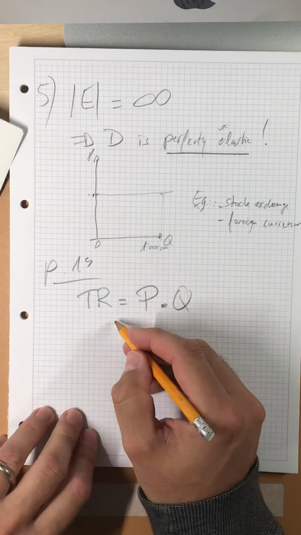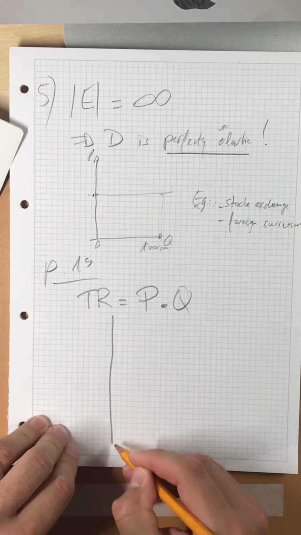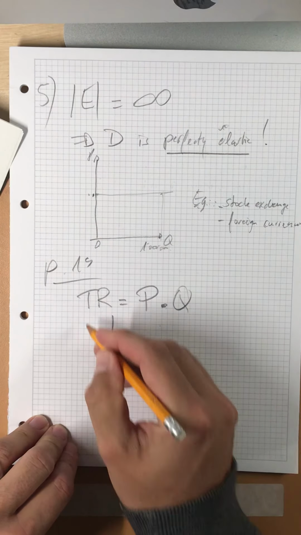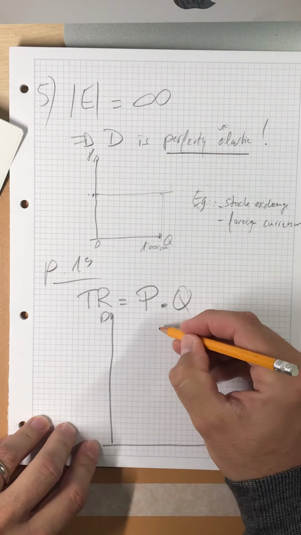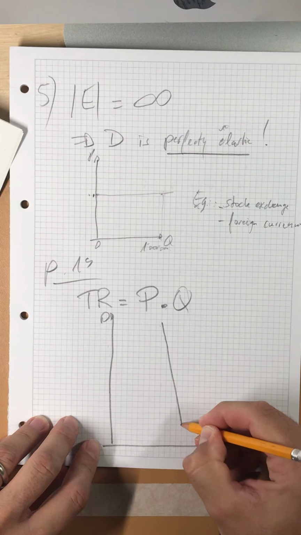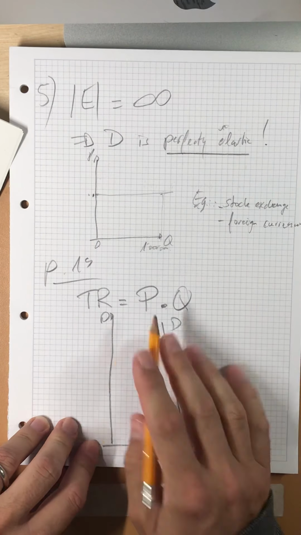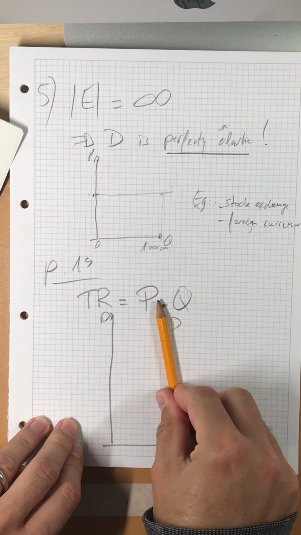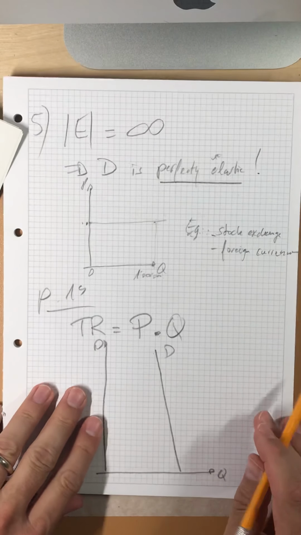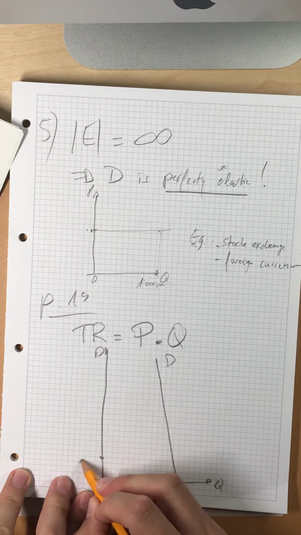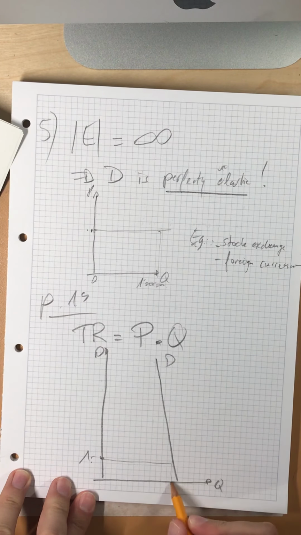I will represent that again. So you have the price and the quantity there, and you have a curve which is inelastic, approaching a vertical line, but it's not totally vertical. And if the price is 1, you will buy this quantity.